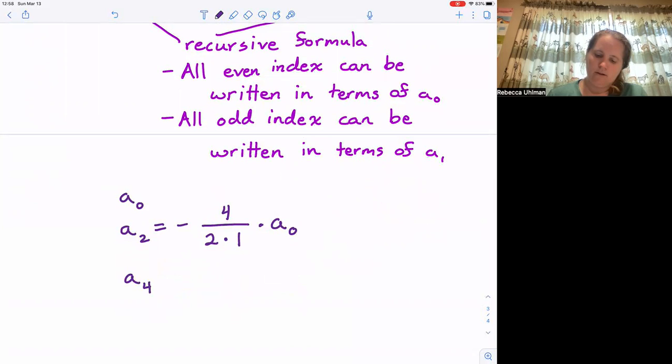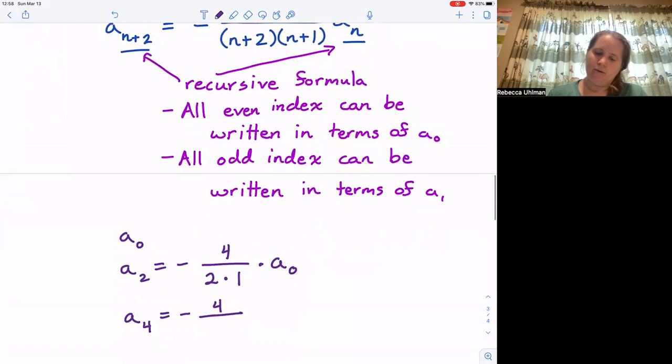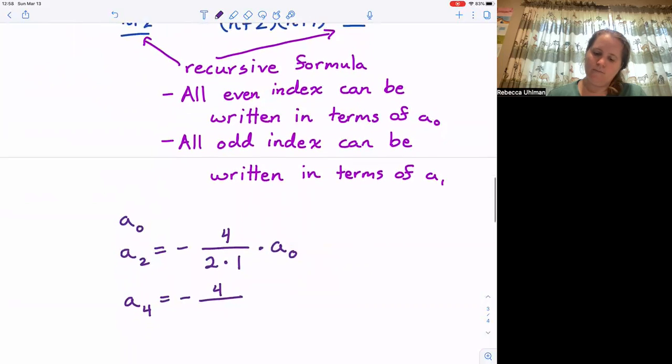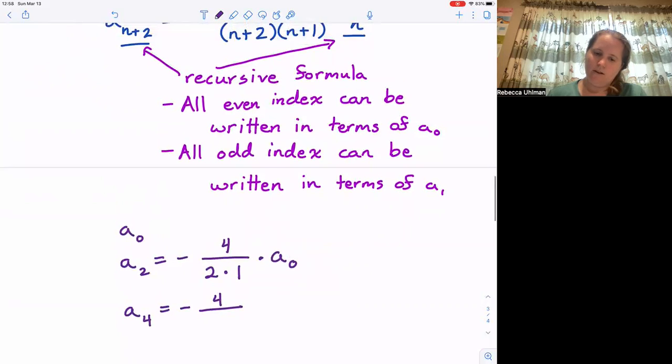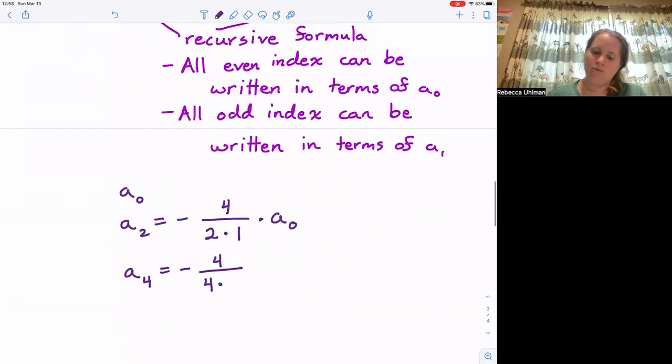A4 would be negative 4 over, we would do n plus 2 would be 4, and n plus 1 would be 3 in this case, because 4 is 2 plus 2.